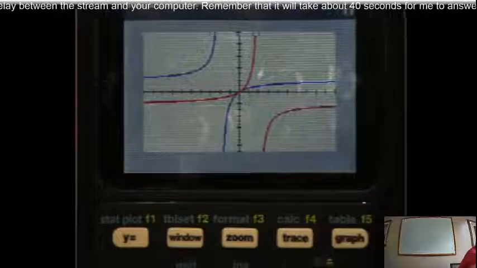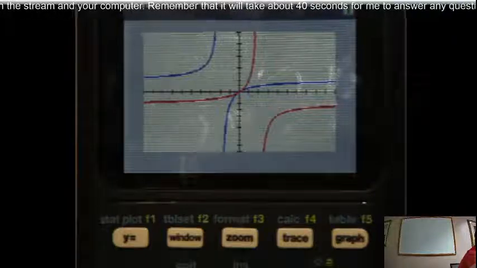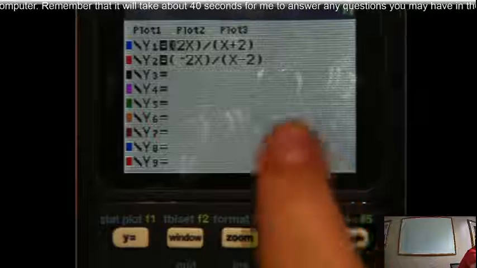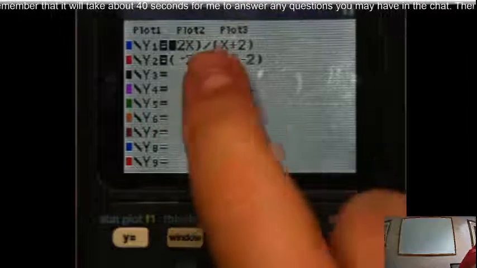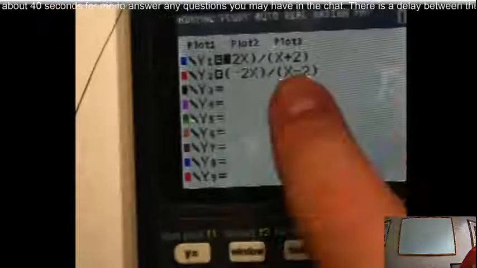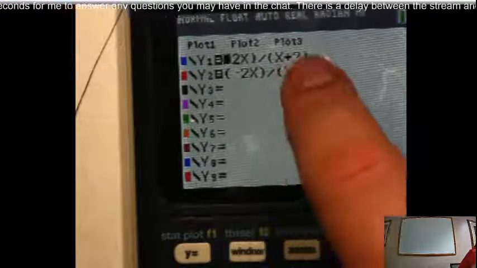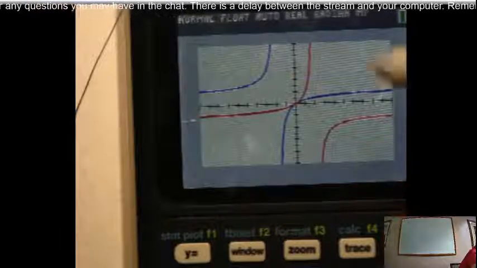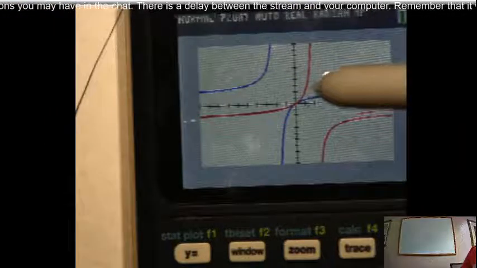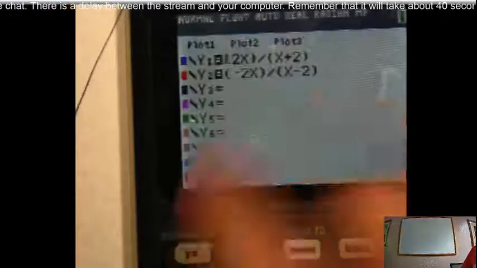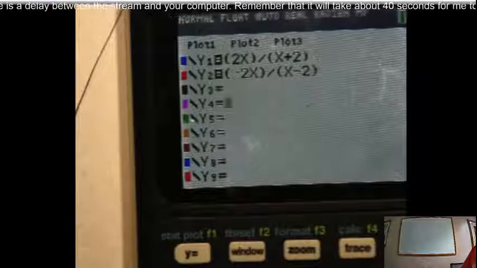Now the other thing I want to point out is the domain and range. Like this first one, the blue one, we said that the domain was that x cannot be equal to negative 2, and the range is that y cannot be equal to 2. So if we graph this, y equals 2 is right here, and I'll just go ahead and put in a line there to show it.